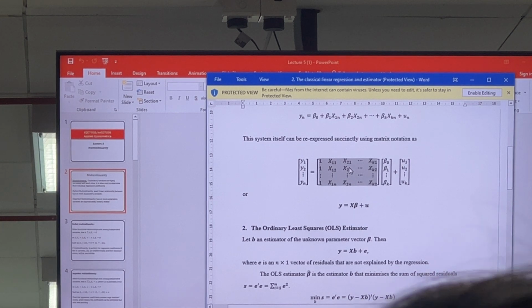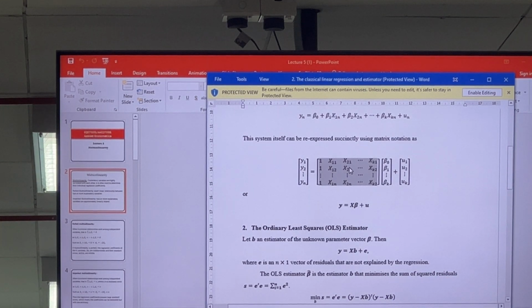So that's the difference between perfect and imperfect collinearity. Perfect means an exact relationship, a linear combination of other variables. Imperfect means approximately equal, almost the same value but not exactly the same.